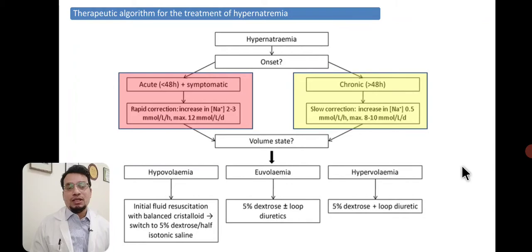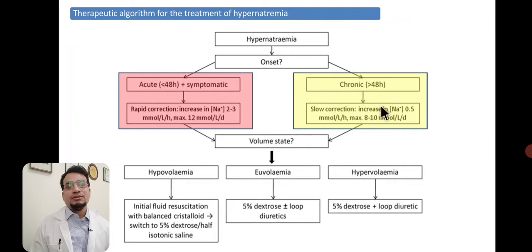Now, I've come across a very good therapeutic algorithm for the treatment of hypernatremia. First and foremost, you should be able to assess from the history whether the onset of hypernatremia was acute or chronic. If it is acute onset hypernatremia, the correction can be rapid, but the maximum correction should not be beyond 12 millimole per liter per day. That you should remember.